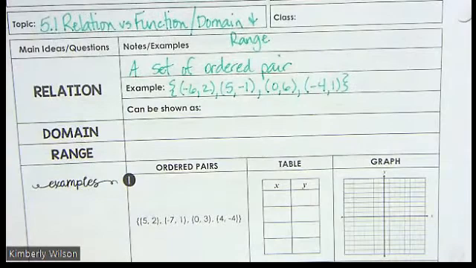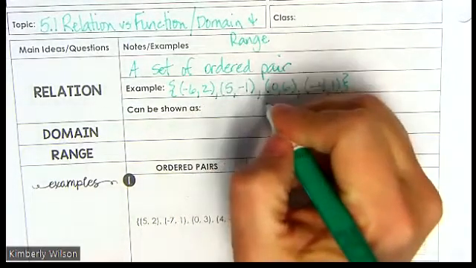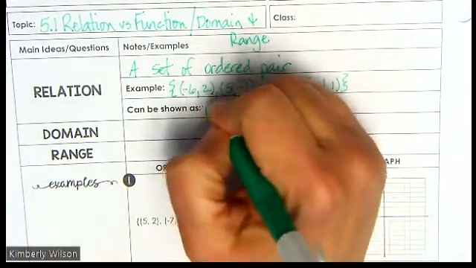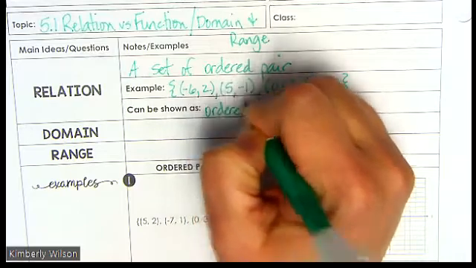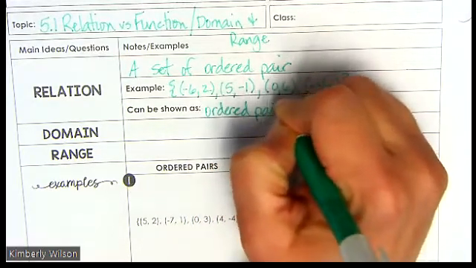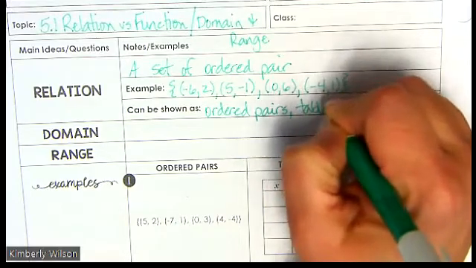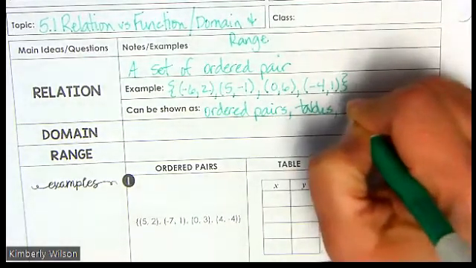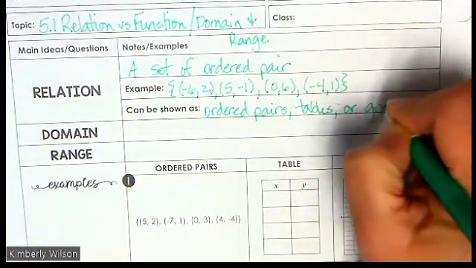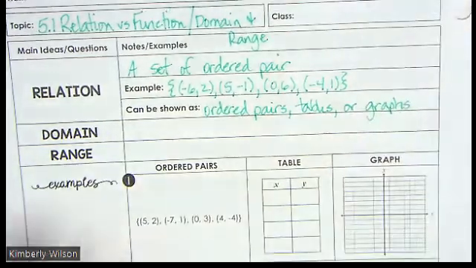And jot down any extra notes that you need for understanding. Okay. Now, we need to understand that these can be shown as ordered pairs, tables, which we talked about, or graphs, or you could see it as all three.